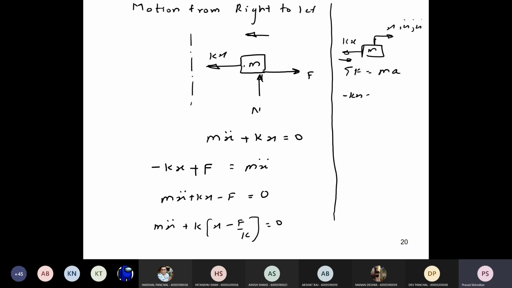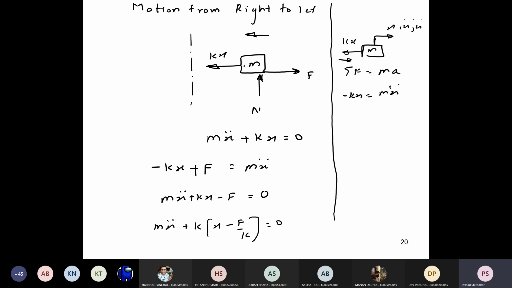So this becomes minus kx is equal to mx double dot. This equation remains the same throughout the motion. Only when the direction is reversed, the convention has to change now. Is everybody clear with that? I hope that is clear.